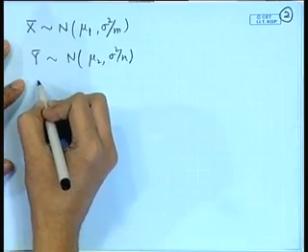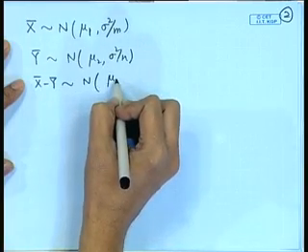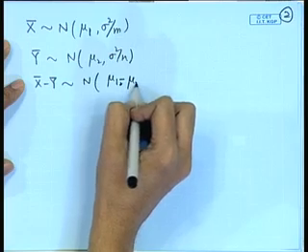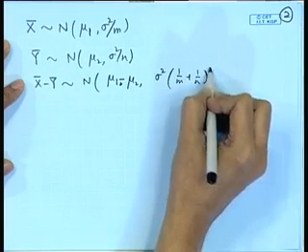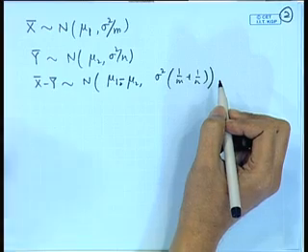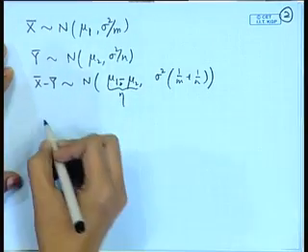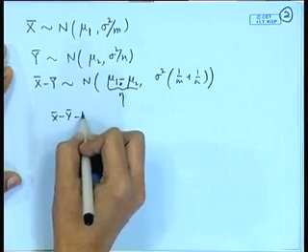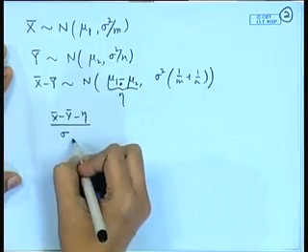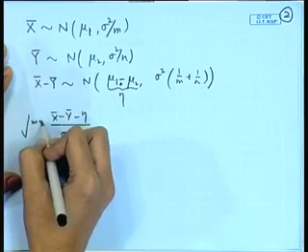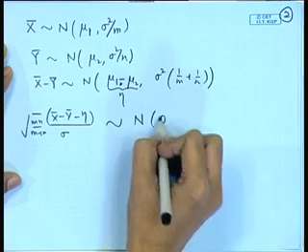So, if we consider here x bar minus y bar, that will follow normal with mean mu1 minus mu2 and variance sigma square (1 by m plus 1 by n). So, this is the quantity eta. So, we get (x bar minus y bar minus eta) divided by sigma and root of this, that is root of mn by m plus n, that will follow a standard normal distribution.